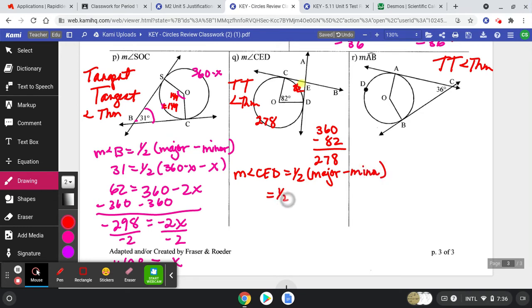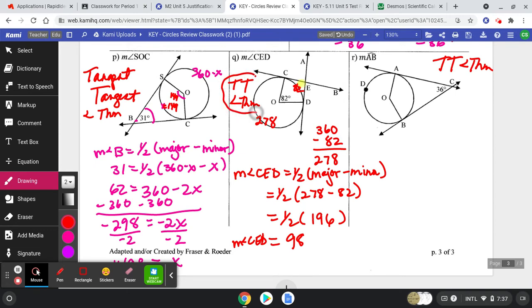And so half of the 278 minus 82, grab your calculators. 278 minus 82 is 196, and half of that is 98. So measure of angle CED is equal to 98 degrees. Now we wrote the tangent-tangent angle theorem right up here.